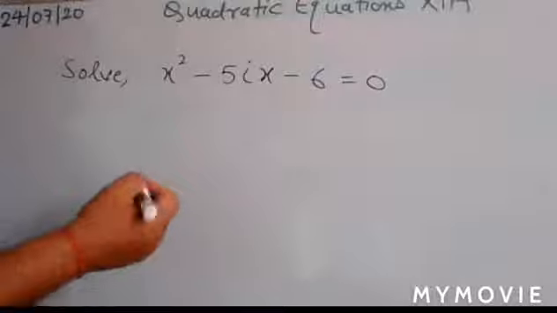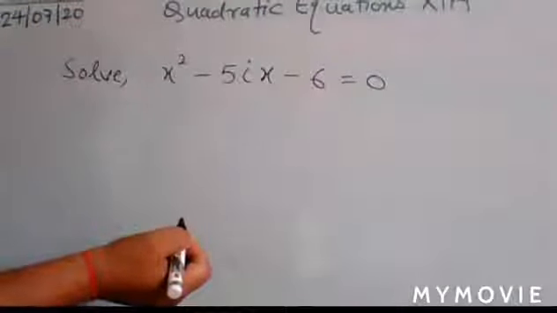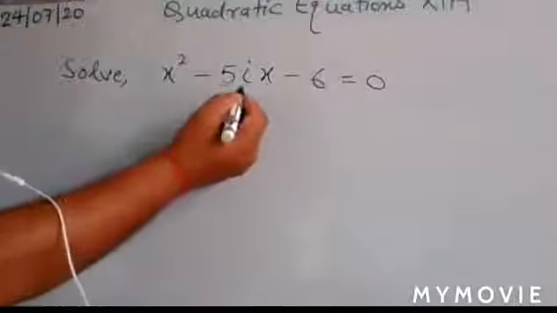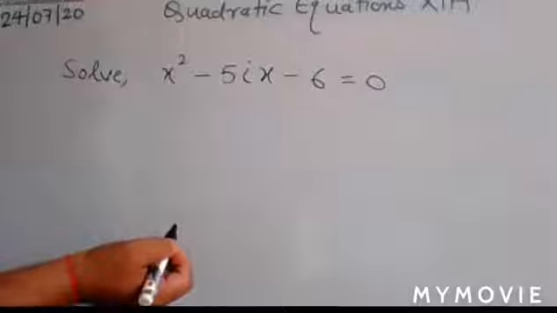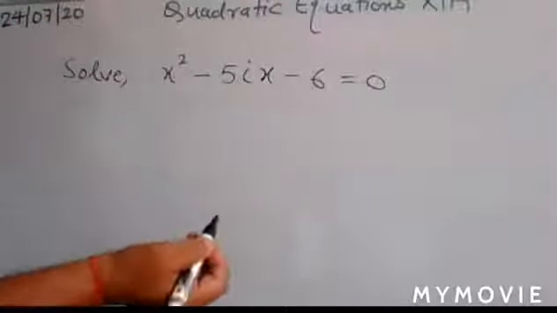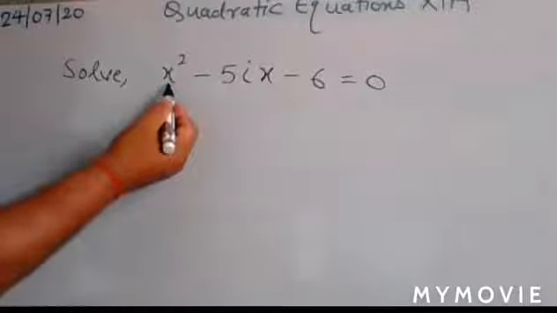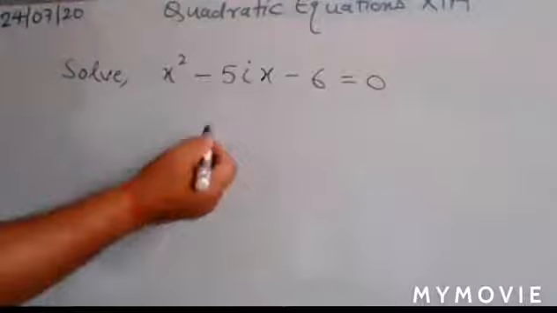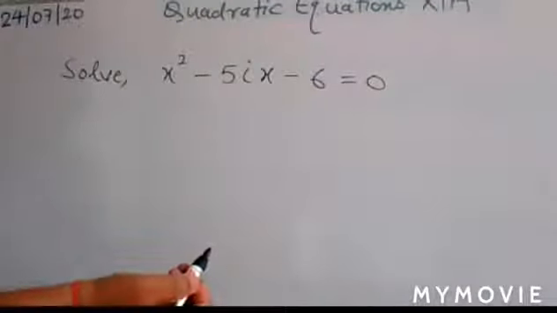If you want to solve that by using the factorization method, then no doubt you have to apply splitting of the middle term. Here you have 5i, so you have x, the term of x square is there, and the term of i square is also present in that equation.